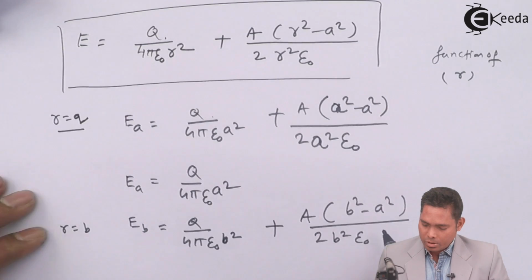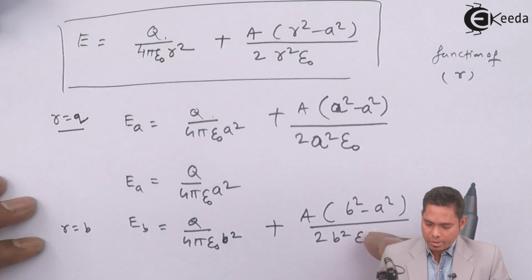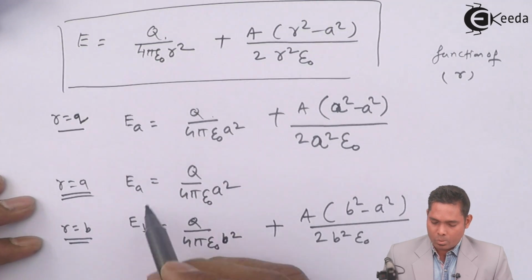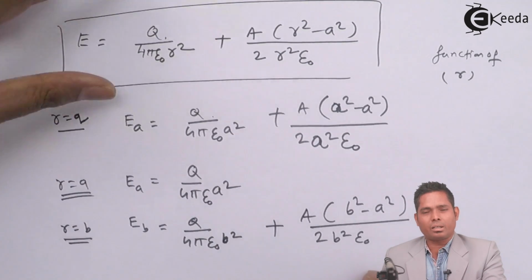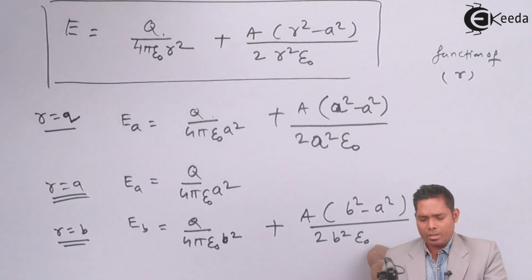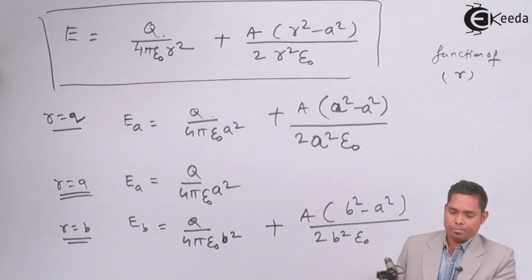So this value at r equals a, and this value at r equals b, according to the question that the electric field everywhere inside is the same, this and this must be equal.